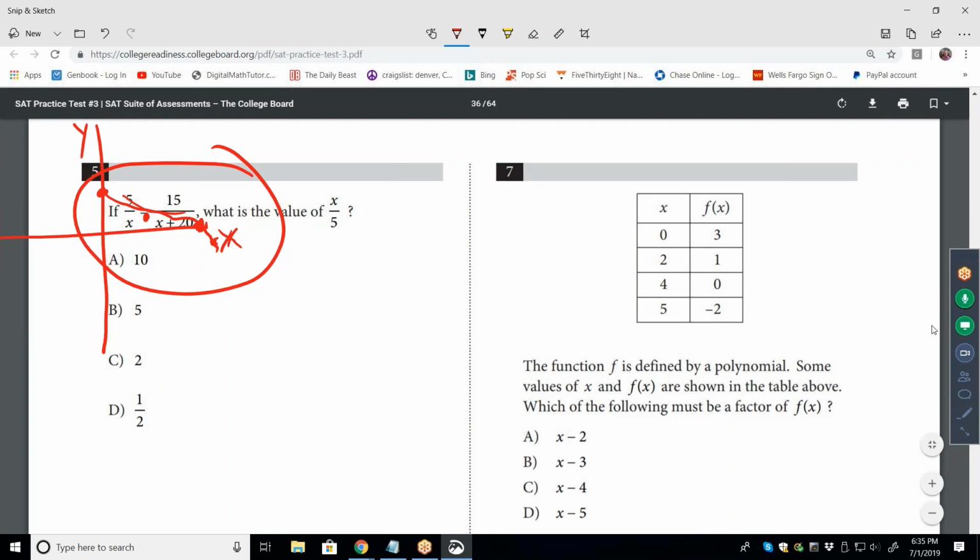Which of the following must be a factor of f of x? Well, whatever that function is, is it divisible by x minus 2? And how do we tell? Or is it divisible by x minus 3, or x minus 4, or x minus 5?